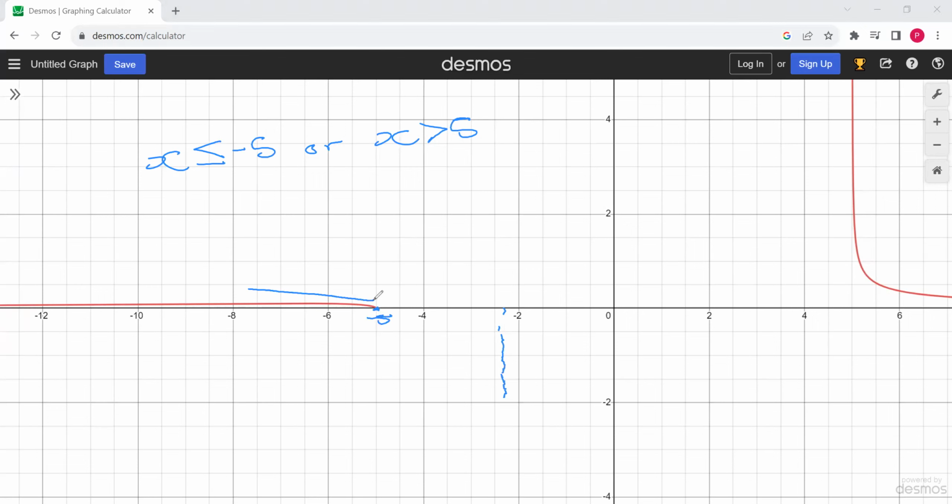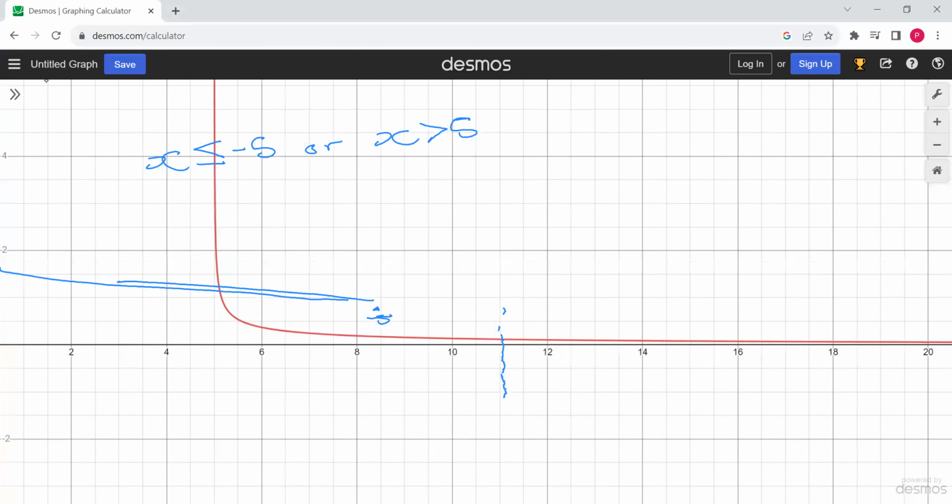Okay, we have a continuous function. You can see it just keeps going like this, and on this other side, you can see it just keeps going this way.